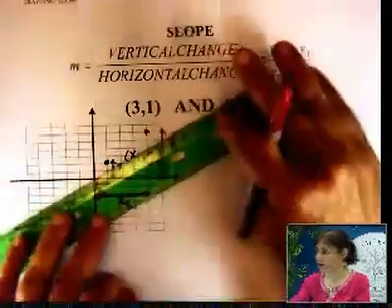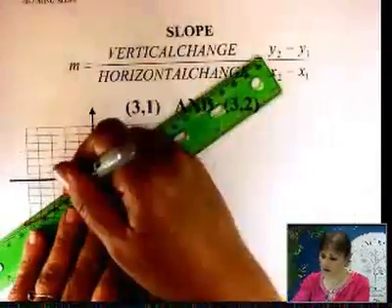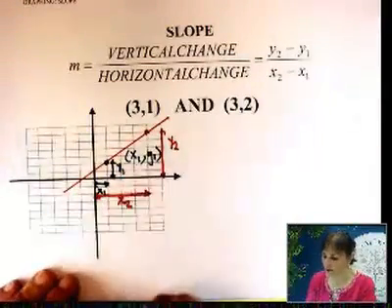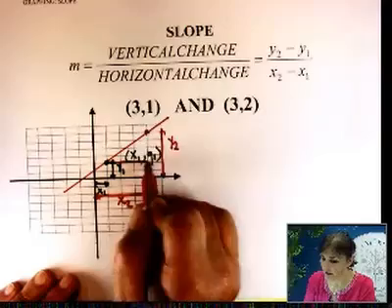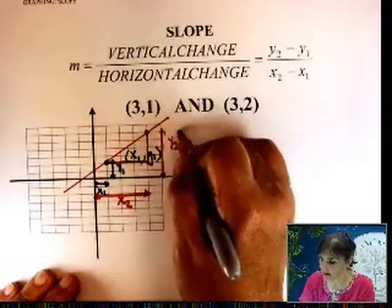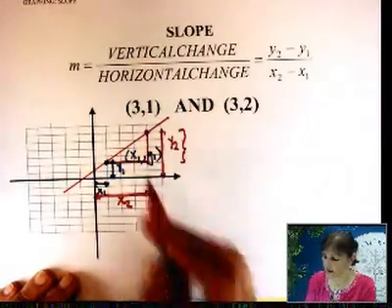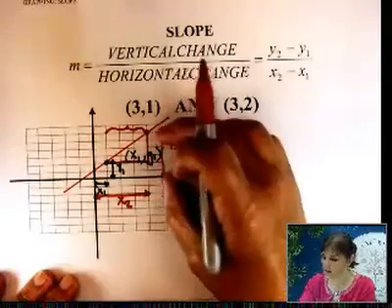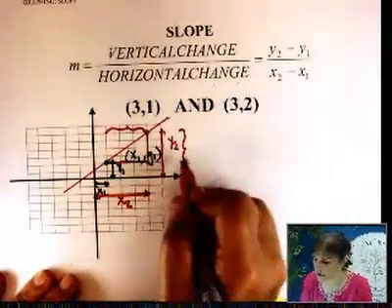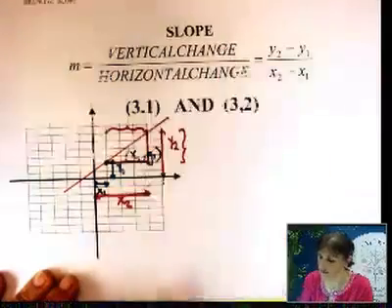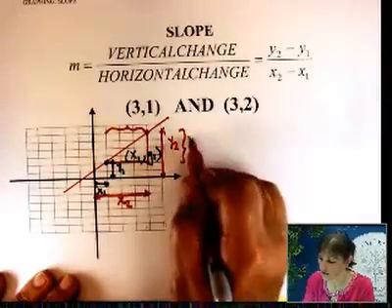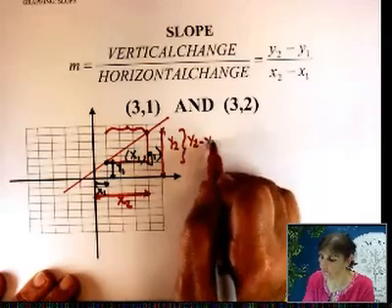So let's connect these two lines, and look how it goes. Rise over run. Here's my rise, and here's my run. Okay, what is this rise? Right here, this rise. It's going to be this distance minus this one, which is Y2 minus Y1.